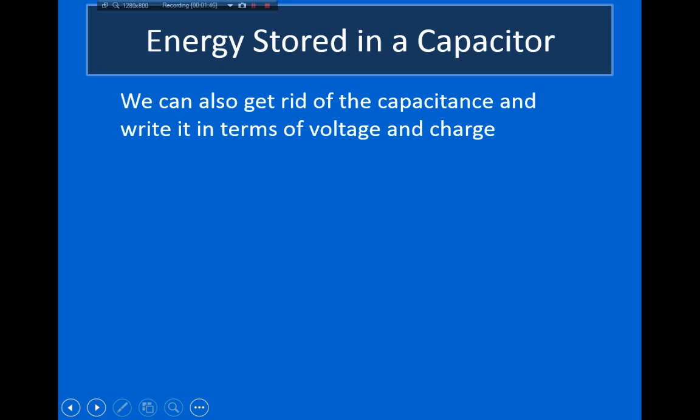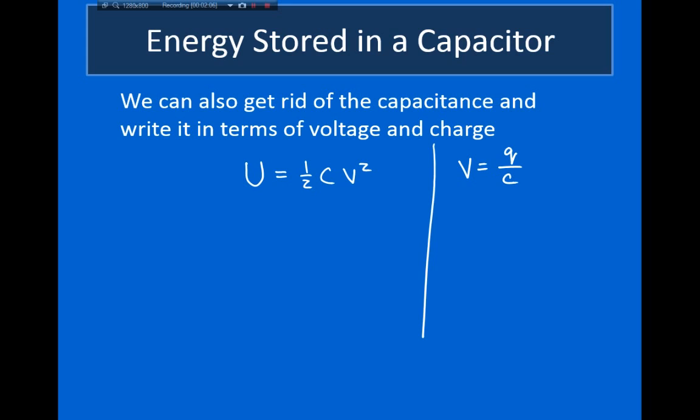Similarly, I might want to write the internal energy stored inside a capacitor in terms of the charge on the capacitor and the voltage across it. In the previous slide we found the internal energy is equal to 1/2 C V squared. We also know that the voltage across a capacitor is equal to Q divided by C. So if I solve for C to get rid of the capacitance, C is equal to Q divided by V. And if I plug that into this formula, the internal energy equals 1/2 Q divided by V times V squared.